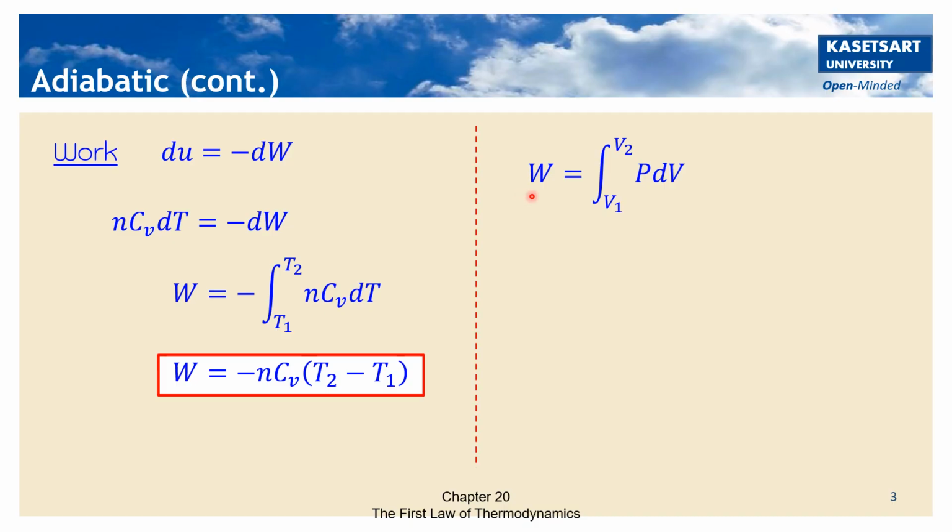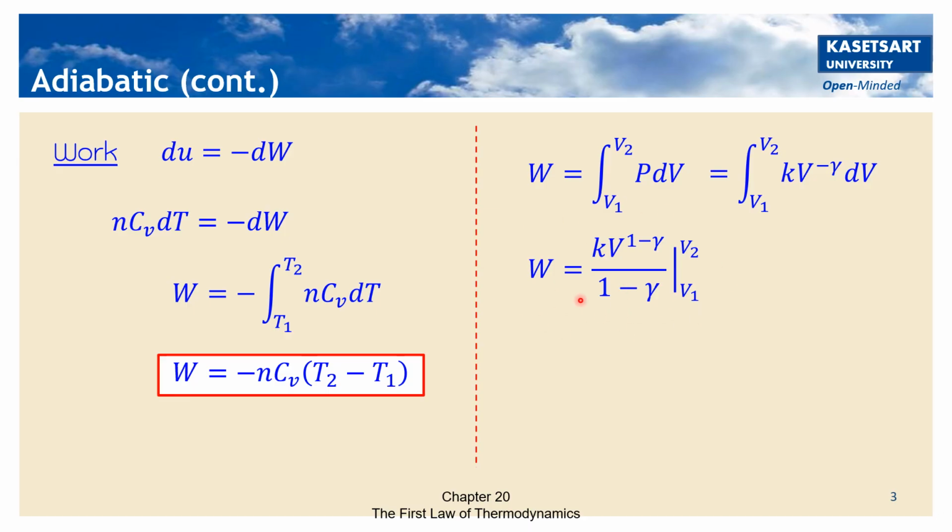And for the work, you have W equal to the integral of PdV. Then you integrate from V1 to V2, and you substitute P as a constant K times V to the power minus gamma, because from the adiabatic process we have P times V to the power gamma equal to constant. So from this you can integrate as this.